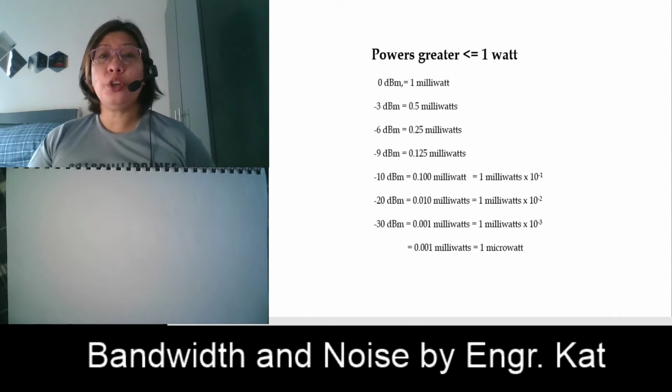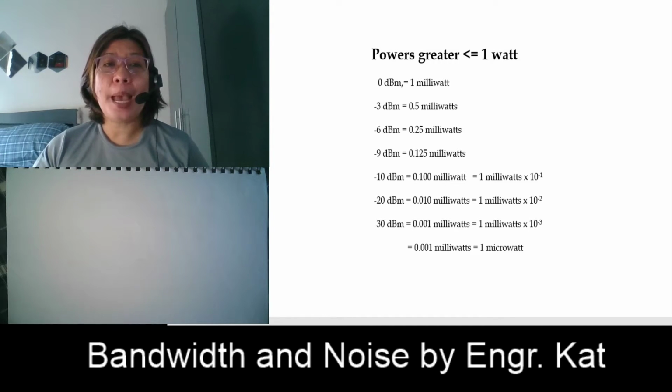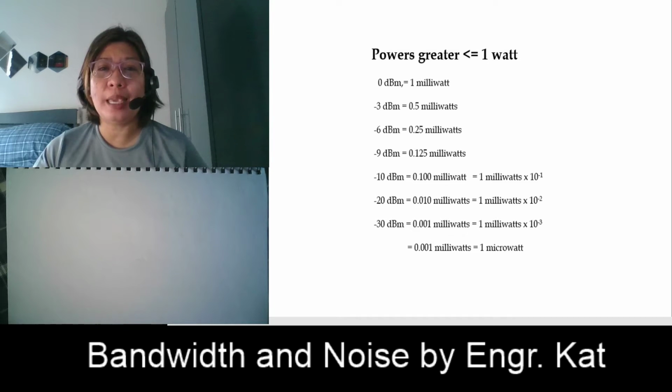So powers which are lesser than 1 watt. You have this one, you have half again, so that will give you minus 3 dB in each case. So how about if you multiply it by 10? Per decade, that will give you an additional or a decrease of 10 dB.